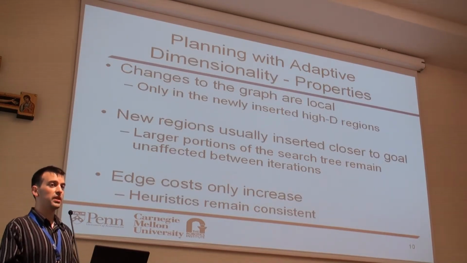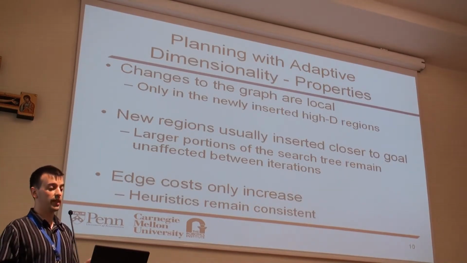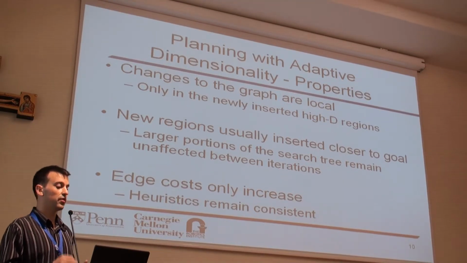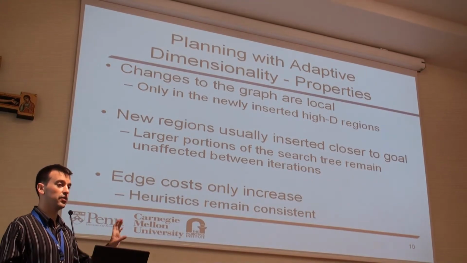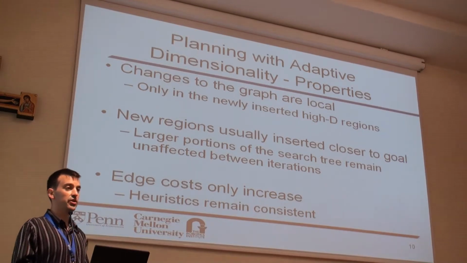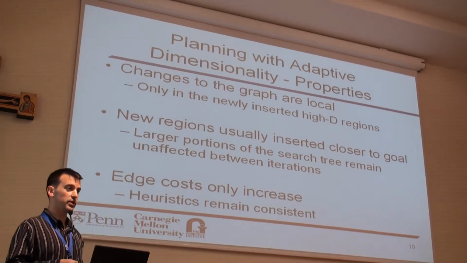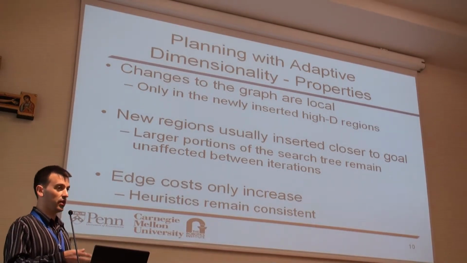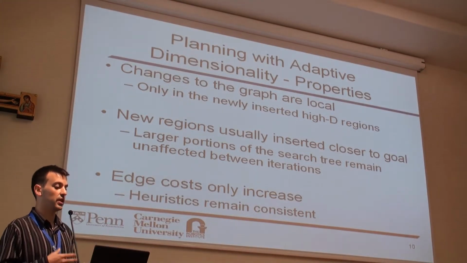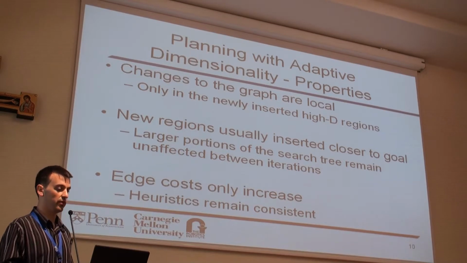So what are some of the things that we need to consider when we're thinking about a suitable incremental graph search algorithm? Well, changes in the graph are very local. We're only changing the graph inside these newly inserted high-D regions. Also, the new regions are usually inserted closer and closer to the goal state, which means larger and larger portions of the tree that we generated during the previous search iteration remain valid and we can reuse them.